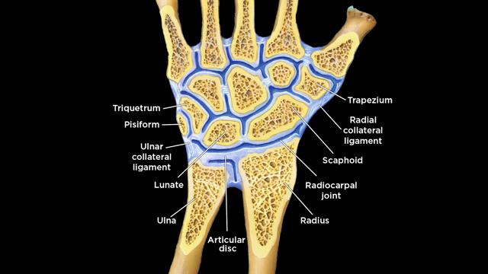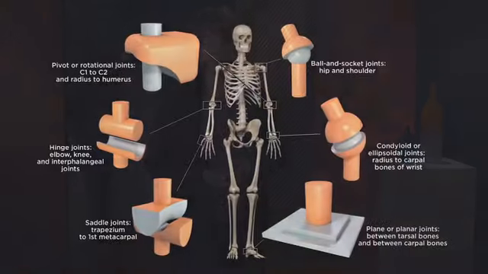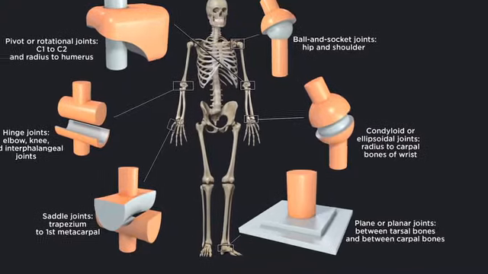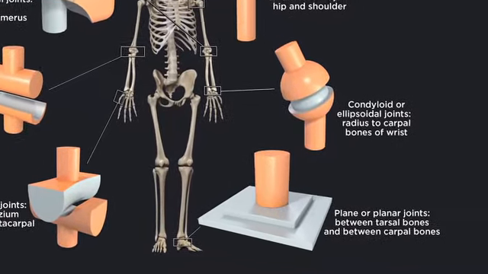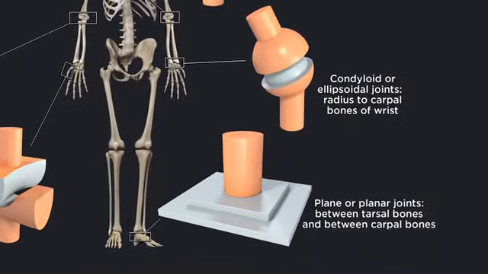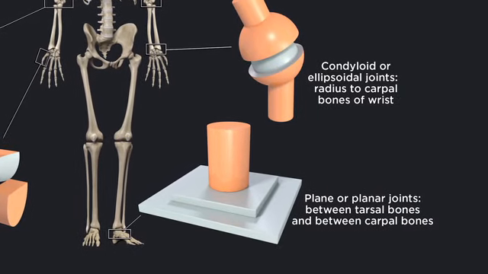Among the carpals, there are synovial planar gliding joints. These gliding joints allow slight movements of carpals against their neighbors. Lots of intercarpal ligaments hold the bones of the wrist together. There are also radiocarpal and ulnar carpal ligaments to further support the wrist joint. Most carpometacarpal joints are also planar gliding joints that don't allow much movement.